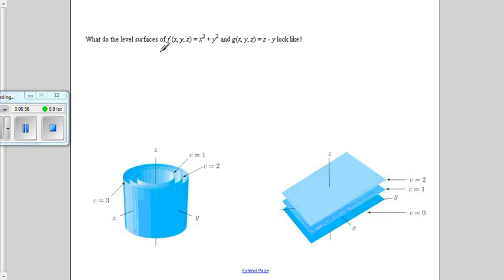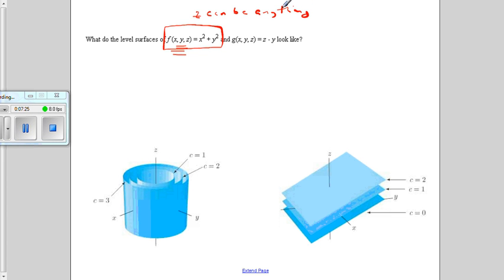Okay, so looking at some more examples, we've got the three-dimensional shape x squared plus y squared. Even though there are only two variables in here, it's a three-variable system, which means that z can be anything.